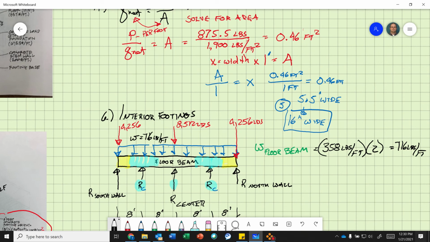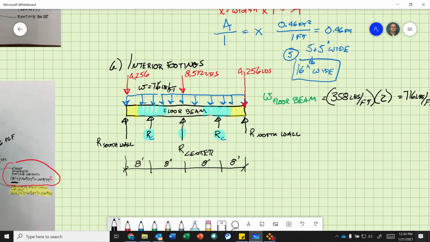So W equals 716 pounds per foot. All right. So now let's figure out these reactions. I'm going to call this column 1. I'm going to call this column 2. Our south wall, our center column, just so we know, and north wall.